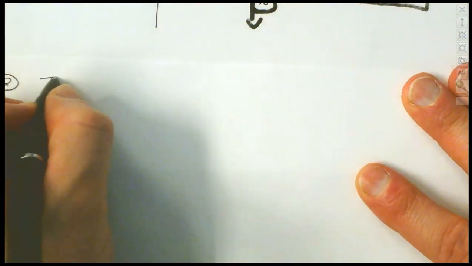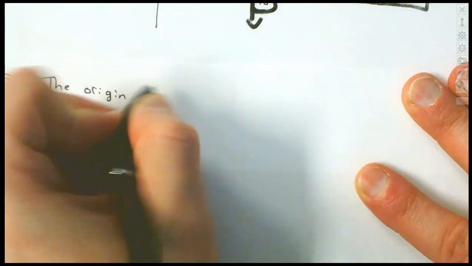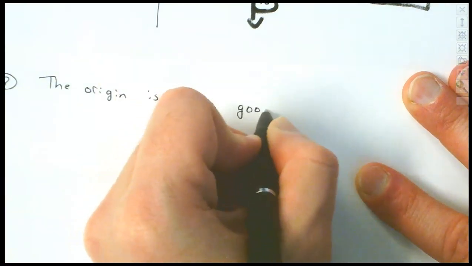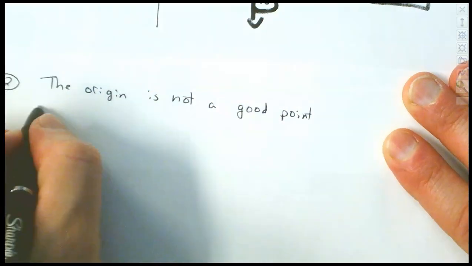So we would want to pick a different point. On that one, I would say the origin is not a good point to pick because it's on the line.